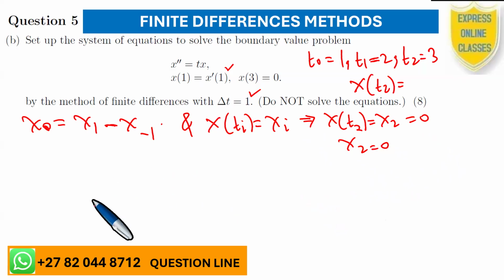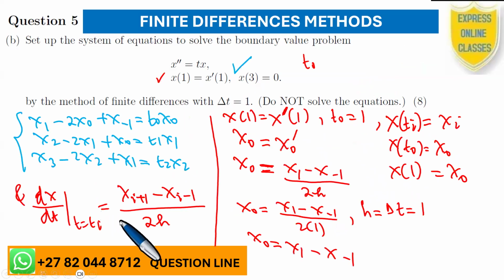Okay, what is the importance of these things? So we need to take these blue equations, and then use them there. Let's take the blue equations. We're going to use the blue equations on the other side.